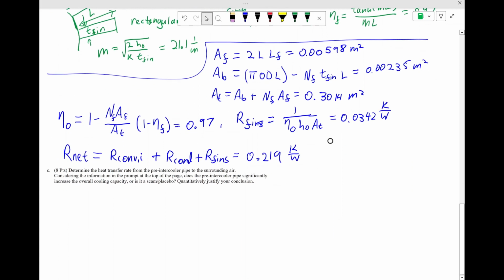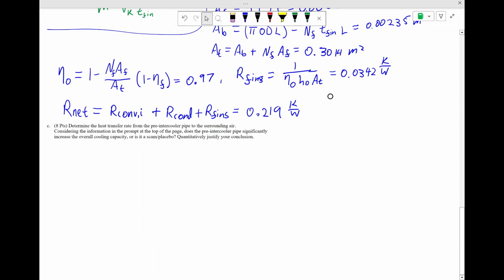Okay, so next we want to estimate the heat transfer rate from the pre-intercooler pipe to the surrounding air.